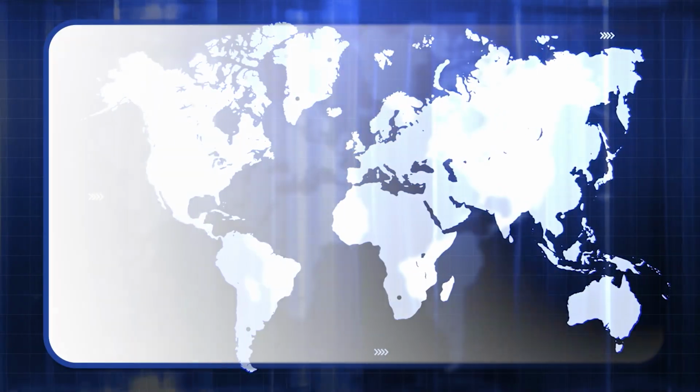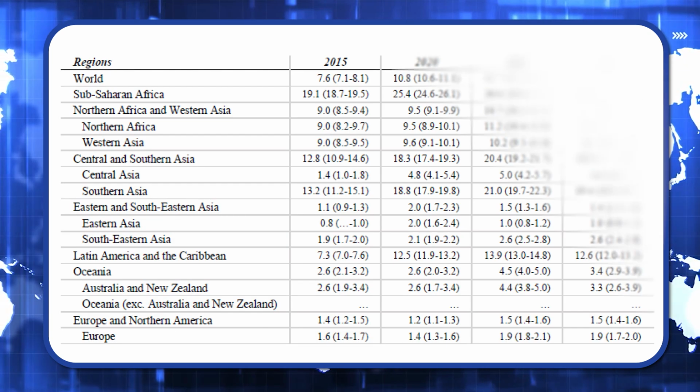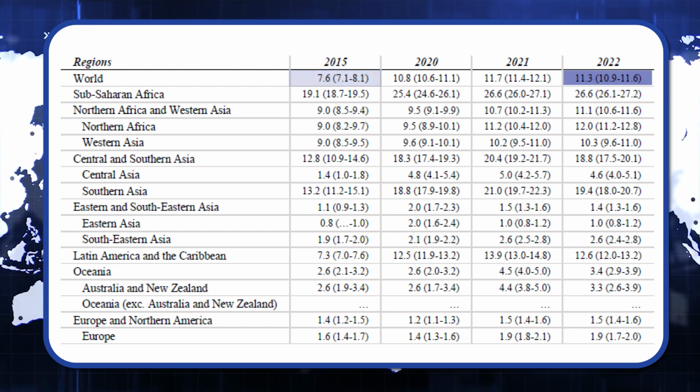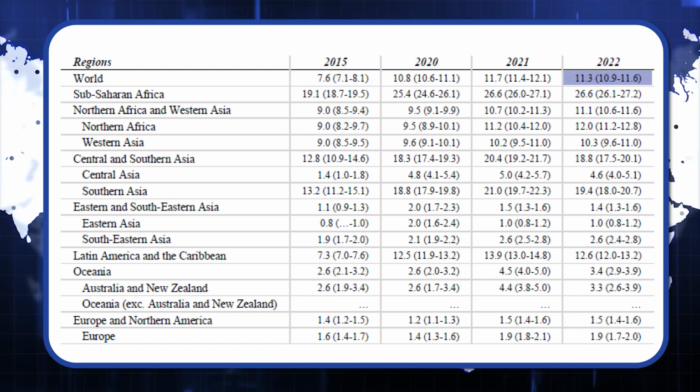In the same way, when you look into the prevalence of food insecurity in the population globally, in 2015 it was 7.6, now it is 11.3. So despite our efforts, this problem exists. So we need to find a way to improve, as I repeatedly mention.